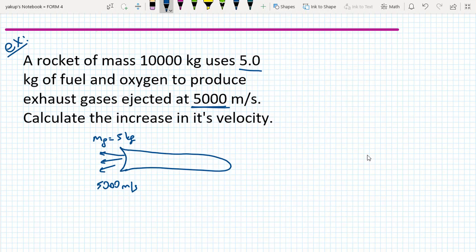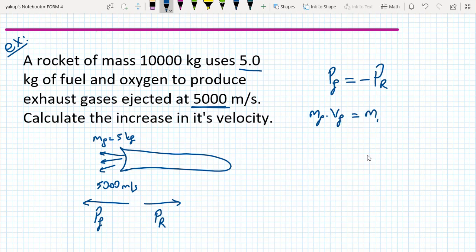Here is the main idea: there is the gas momentum, and on the opposite side there should be the rocket momentum, and those should be equal. The gas momentum is equal to, meaning opposite, negative the rocket momentum. The mass of gas times velocity of gas equals mass of the rocket times velocity of the rocket.